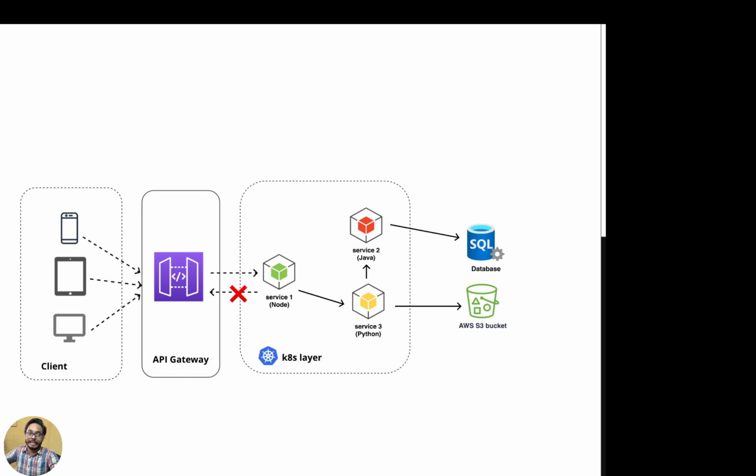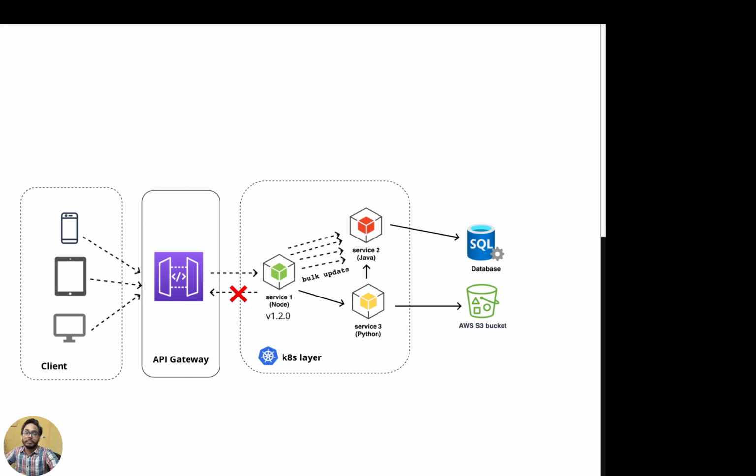Let's say in another example with the same architecture, you do a new release of the Node service. You update the Node service package with a version upgrade to 1.2.0, and it's live. But after some time, you realize that there's a bug in the service.